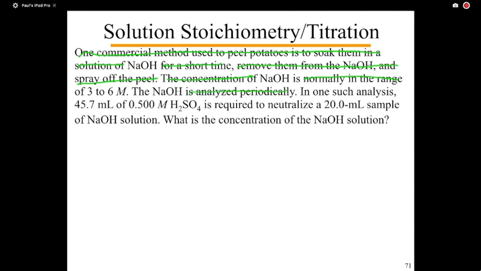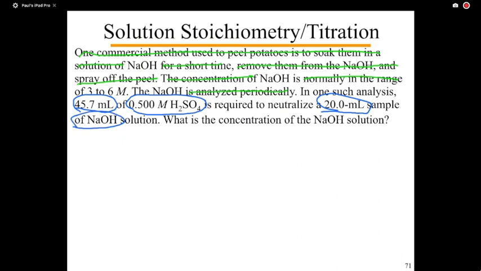Who cares? All right, one such analysis, okay, 45.7 milliliters of this solution is required to react with 20 mils of this.